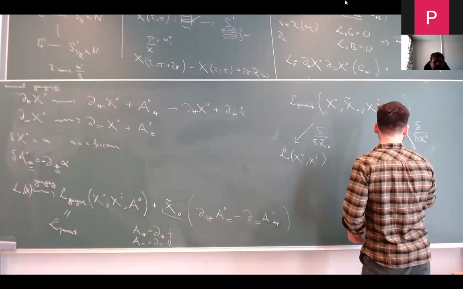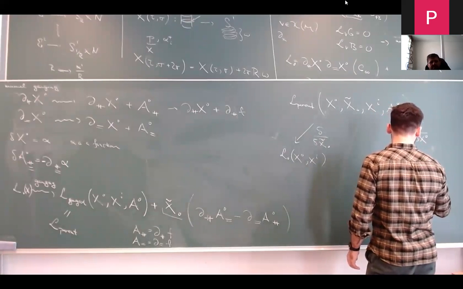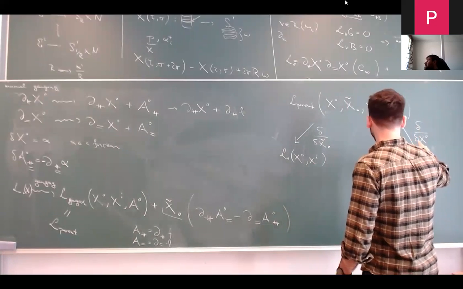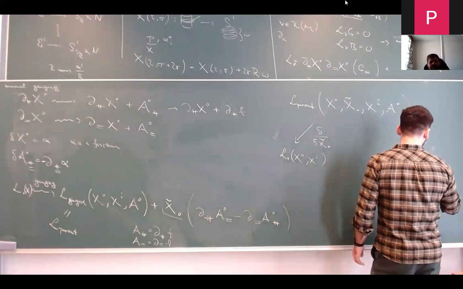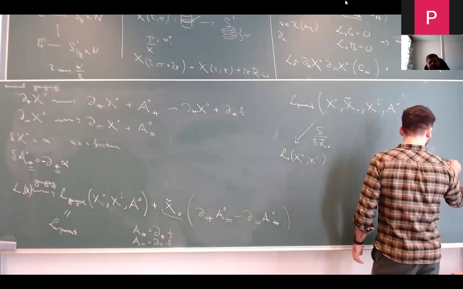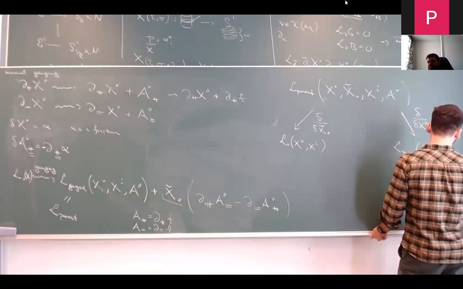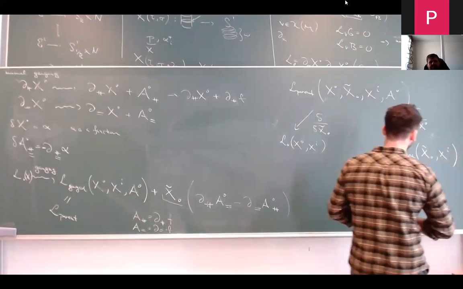I end up with a Lagrangian which now has no dependence on x naught, but the dependence on x tilde survives.